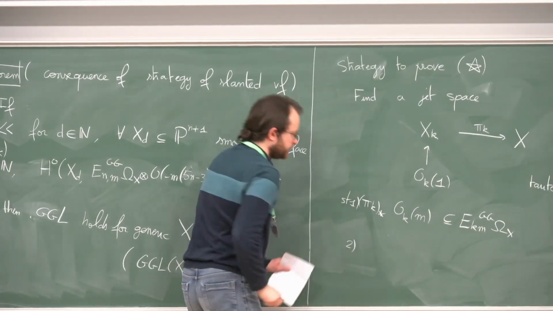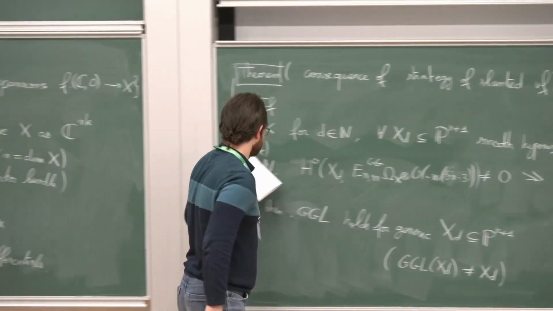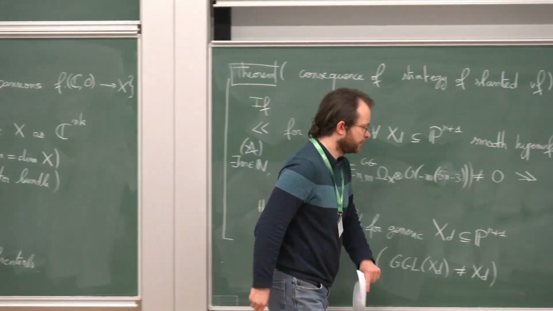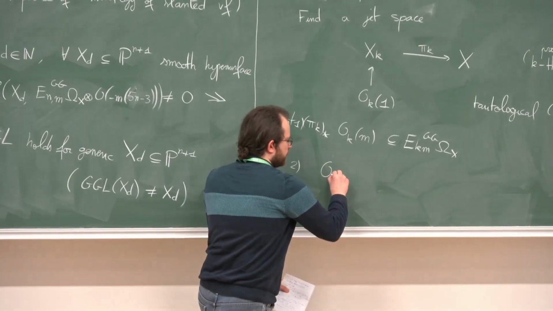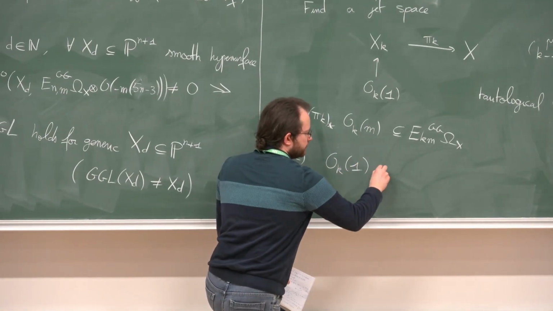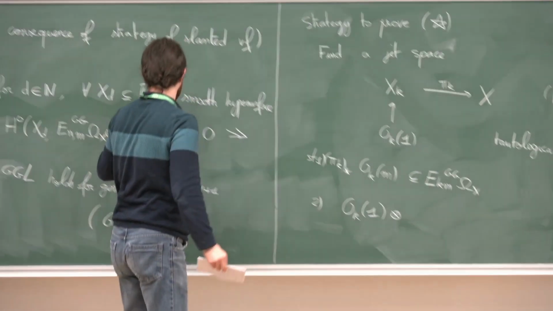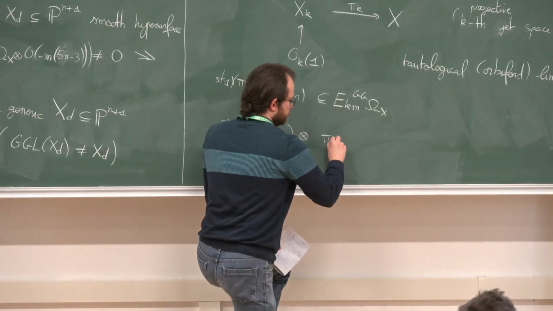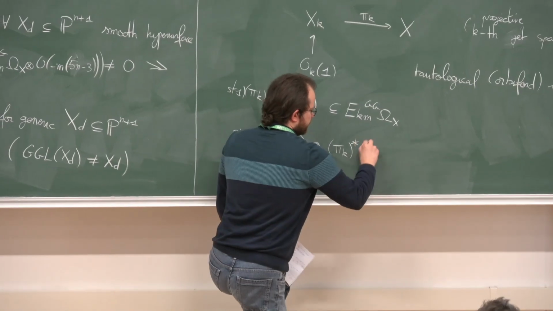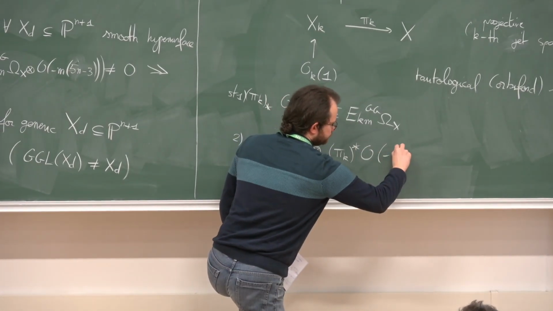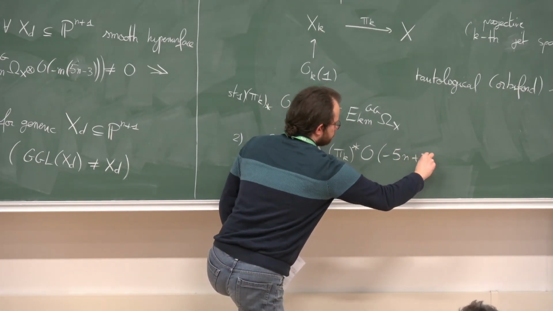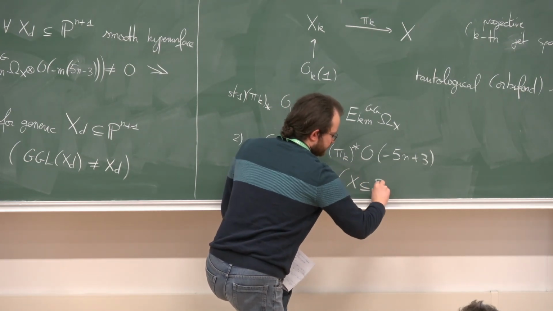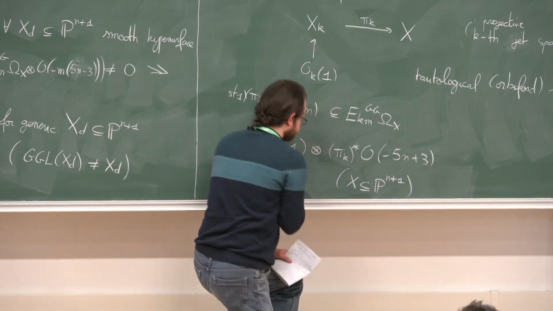And the second step, well, if you want to ensure that this equation star is true here, if you want to have this non-vanishing, you want to ask that the O_{X_k}(1) minus this section on the base is at least effective. So here, I suppose X is a hypersurface for writing this second step.